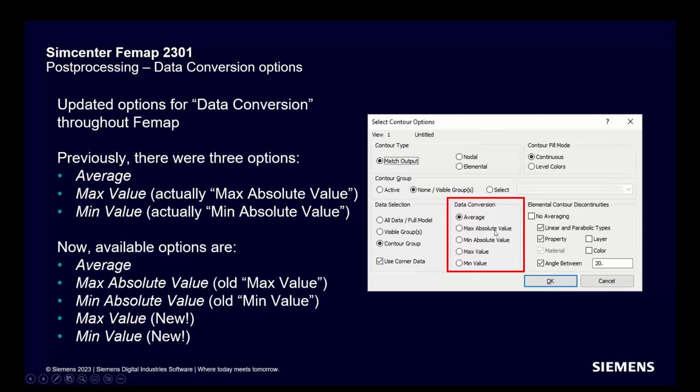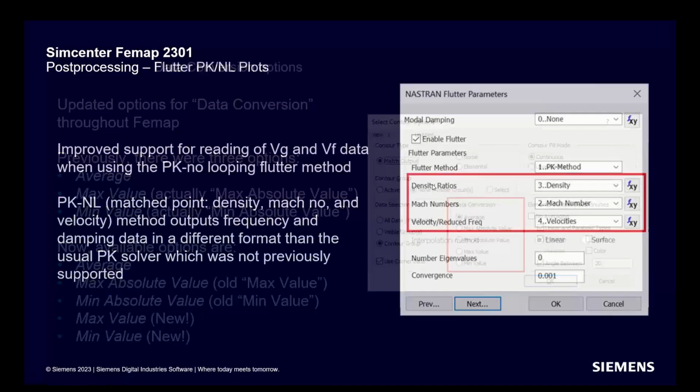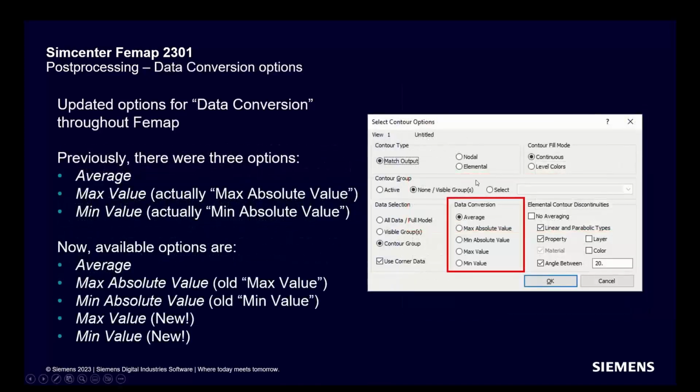So you now have a bunch of different options here for the data conversion, and this is present in the meshing toolbox, for example. If you're choosing the data conversion options there, obviously it's present in the contour options here, but you'll see that across the entire Femap interface, this has been updated in all the different scenarios where you'd be computing averages or taking envelopes, that type of thing.